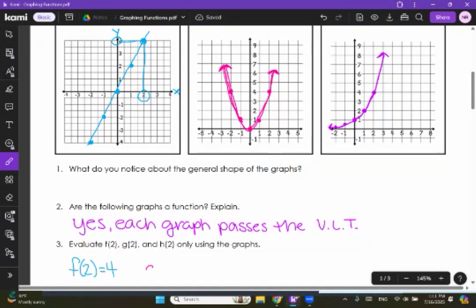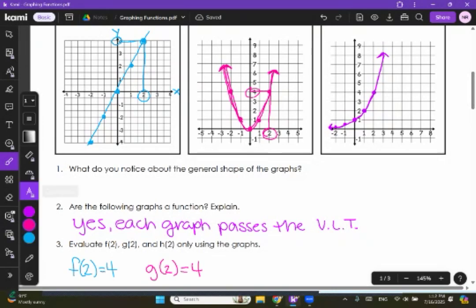Okay. G of 2 might give us something different. This is our G graph, also gives us 4. Cool. And the last one, H of 2. Let's go to the 2. Also gives us 4. Okay.